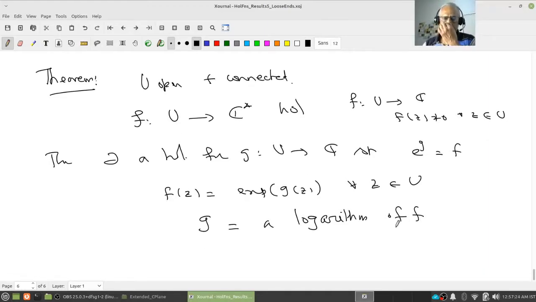Remember, we have seen a similar thing earlier where I proved that for 1 by z, in U, where U is a star shaped open set in C star, a logarithm exists. I proved this after Cauchy's theorem.